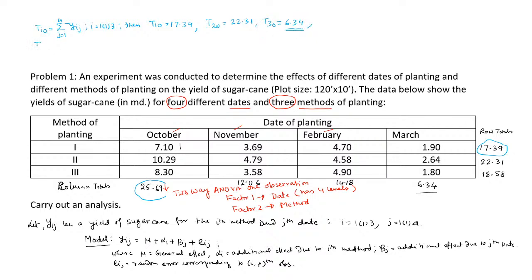Next, define T naught j, i from 1 to 3, Yij. Okay, follow me. What about row total? Then T naught 2, this is 15.69. Sorry.